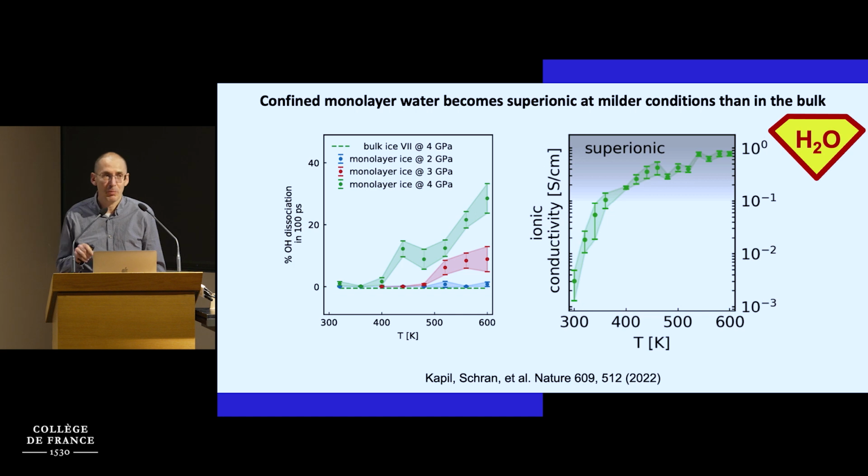I will stop there, but before I end, I'll make three comments on where we are with this. This is a prediction that water can become superionic when it's nano-confined.